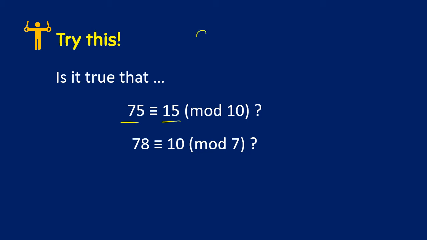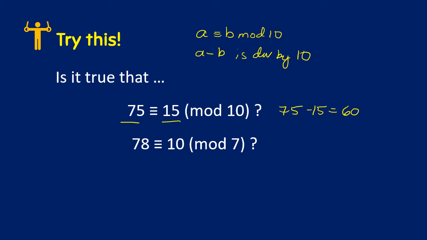From our definition, A is congruent to B mod 10 if A minus B is divisible by 10. So 75 minus 15 is equal to 60, and that is, yes, divisible by 10. Take note that both of them, modulo 10, would just be 5. We always want the smallest number.